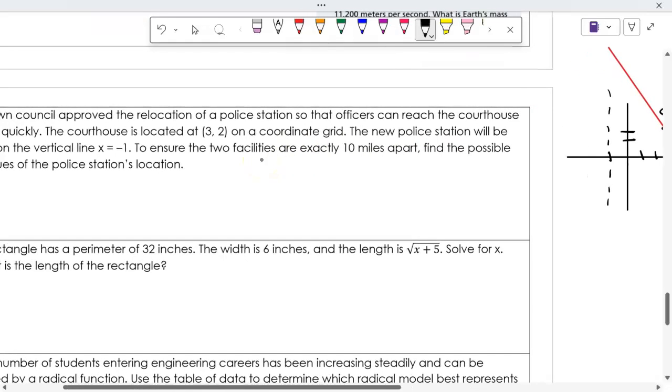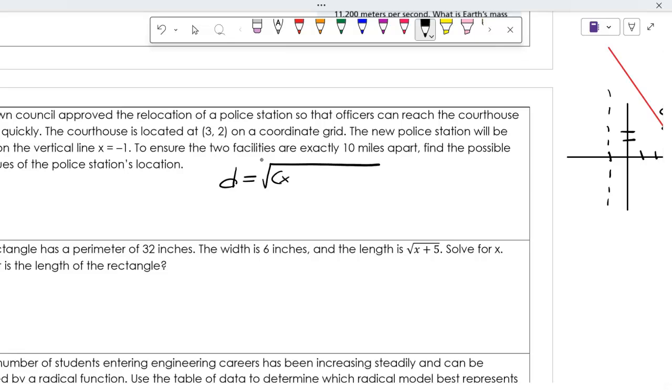I'll go ahead and refresh your mind. It's D is equal to the square root of x2 minus x1 squared plus y2 minus y1 squared. You're finding the difference in your horizontal change squared plus the difference in your vertical change squared, and then you square root it. You're doing Pythagorean theorem of your triangle.